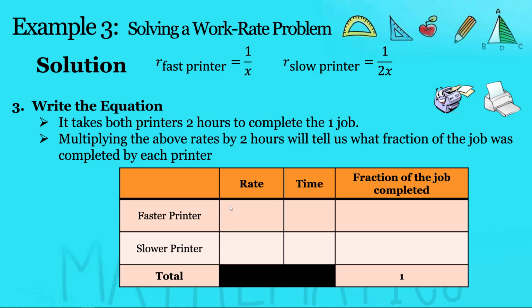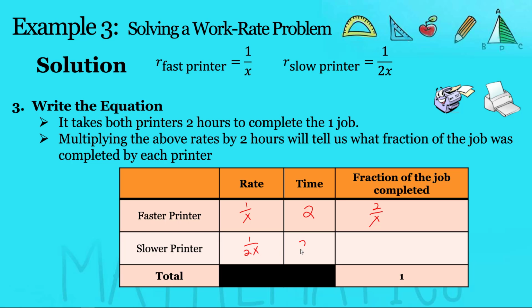Now notice that the rate of work for the faster printer is 1 over x. The printer has been working for 2 hours. So the fraction of the job that this printer has completed in 2 hours is going to be 2 over x. Now the slower printer goes at a rate of 1 over 2x.